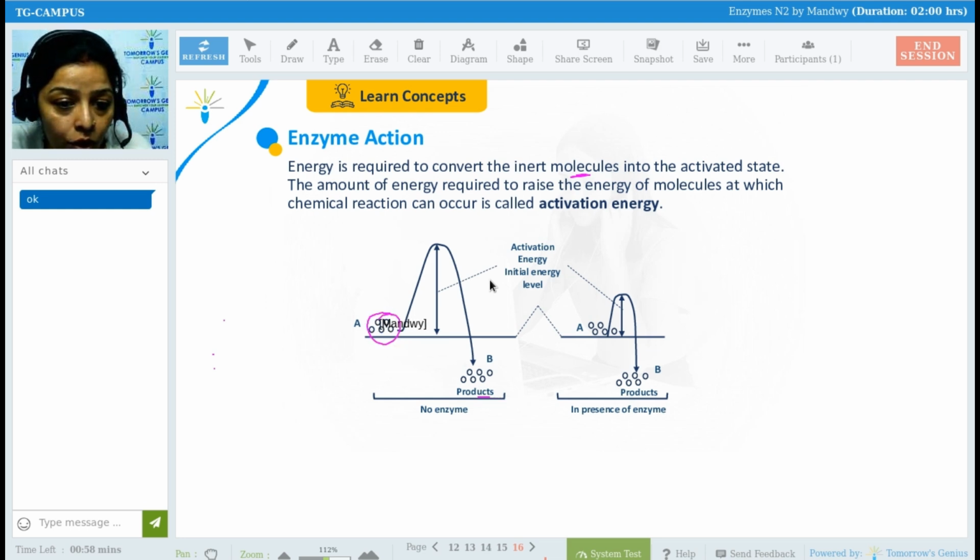So here you can see, suppose this is your reactant. This reactant will take some extra amount of energy so that the reactant will form product. When there is no enzyme, the activation energy will be high. Why? What is the definition of enzyme, or what is the property of enzyme?